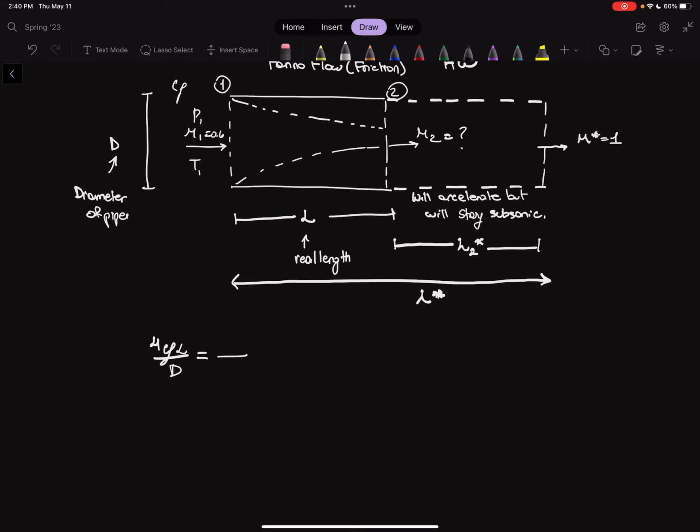Okay. Then if you look at the tables for M1 equals 0.6, you would find for CF, so let's write that.